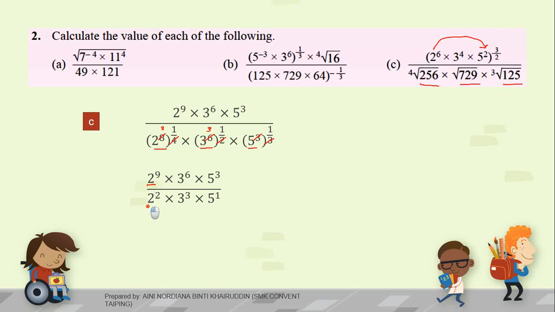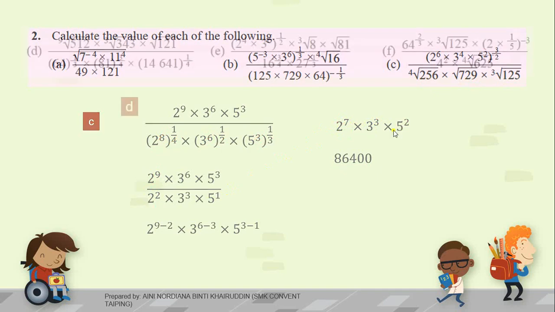Since this is the same base, you can subtract the indices. So 9 minus 2, times 3 to the power of 6 minus 3, times 5 to the power of 3 minus 1. Then this is the answer. So this is 2 to the power of 7 times 3 to the power of 3 and 5 squared.